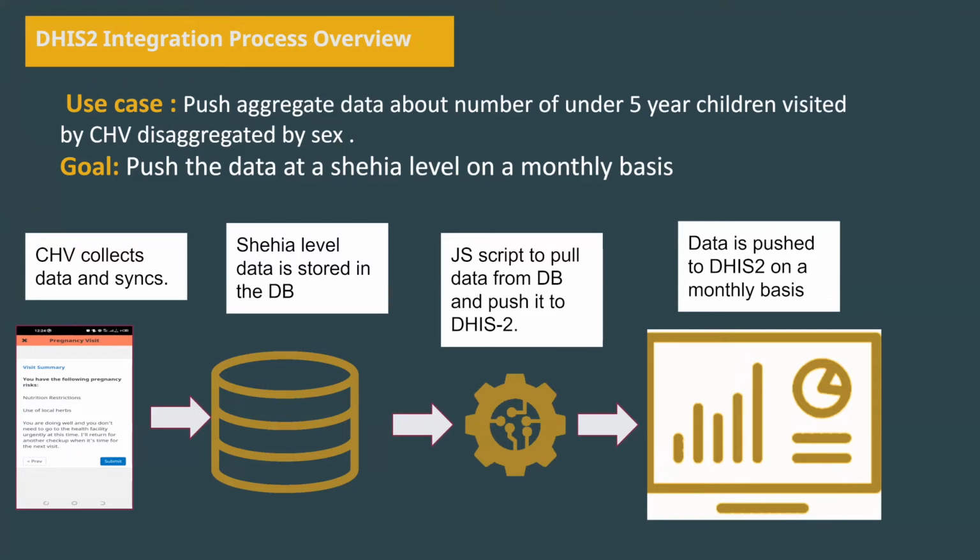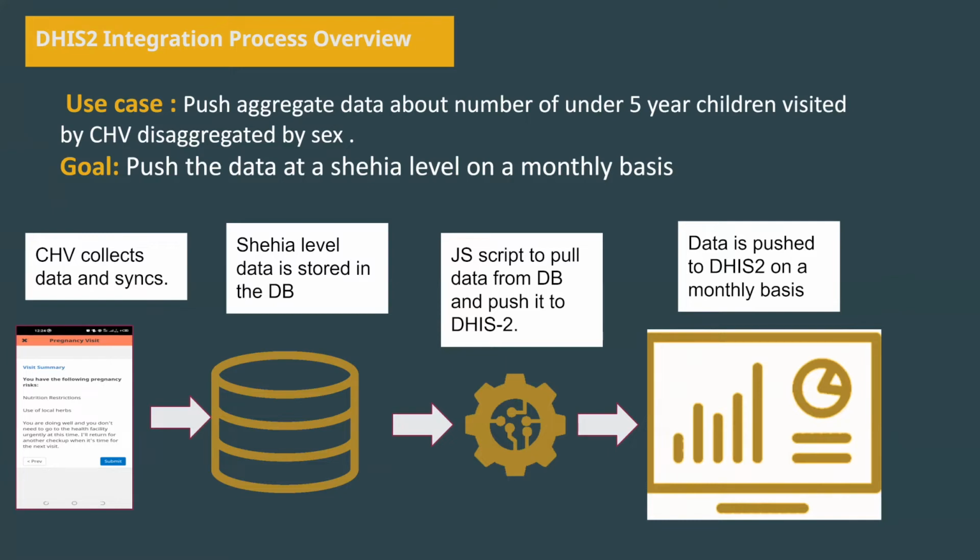It begins by the CHV collecting data and then syncing the data. Once the data is synced, it is stored in our database. At this point, we have a script that pulls the data from the database, converts it into a format that is suitable for pushing to DHIS2, and then pushes the data to DHIS2 on a monthly basis using a cron job.